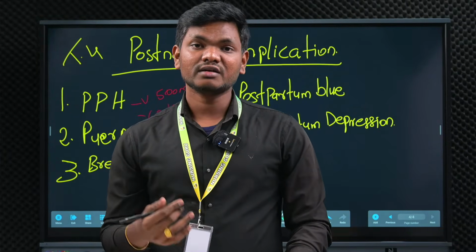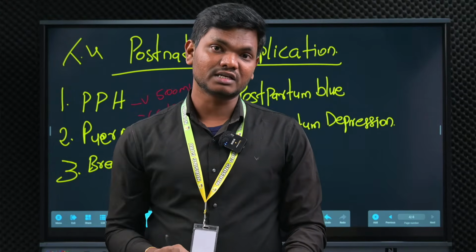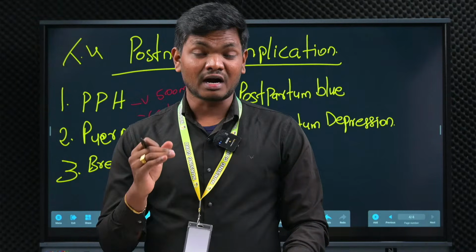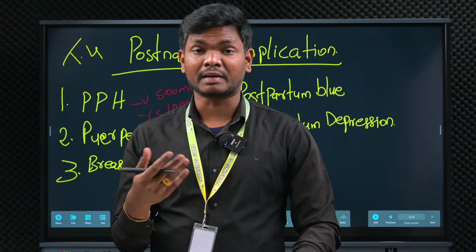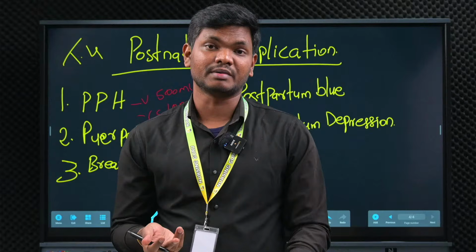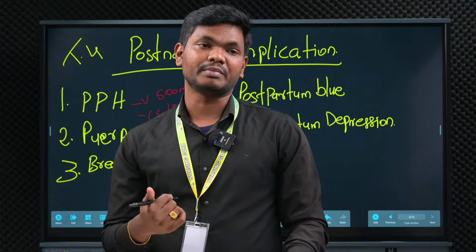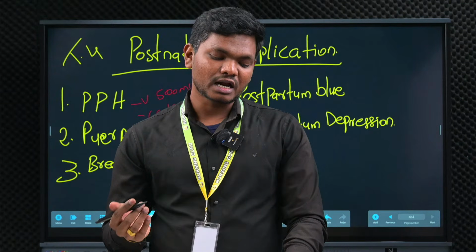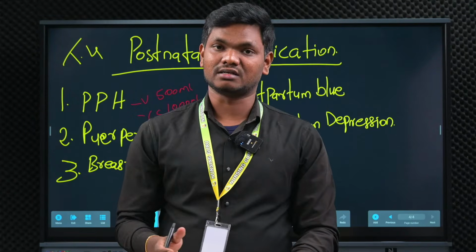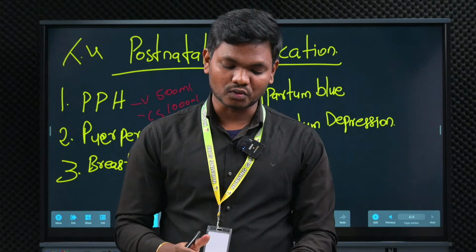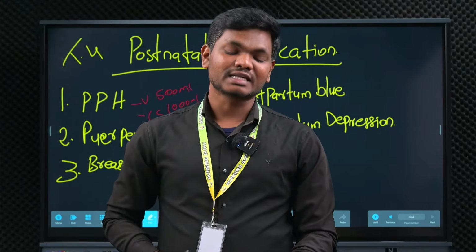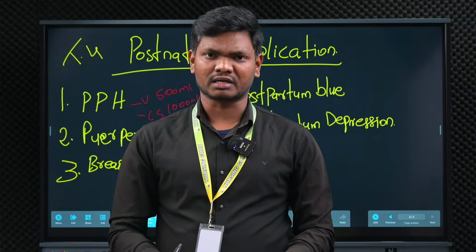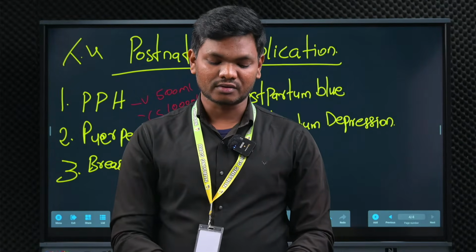Weakness, pale skin, a fast pulse rate that keeps increasing, and low BP, the blood pressure will decrease. The mother will have dizziness, cold skin, and restlessness. So these are the signs of shock. The mother will have excessive vaginal bleeding with blood clots, and signs of shock will be present.